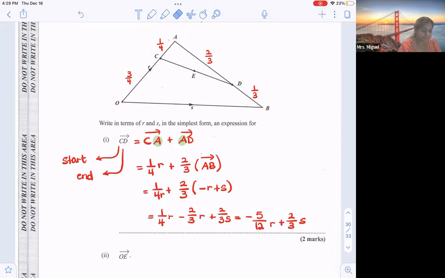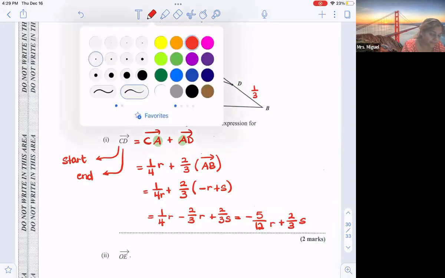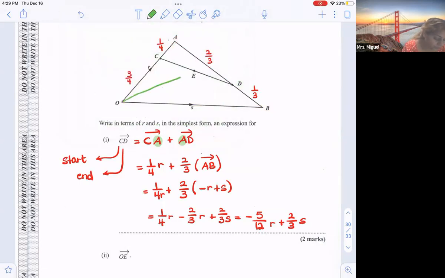Now watch this. We need to understand what's going on here. They ask us to find OE. So let me draw a line from O to E. What is the shortest possible distance that I must travel to go from O to E? We know my start vector must be O, and we know my end vector must be E. So what point must I pass through?